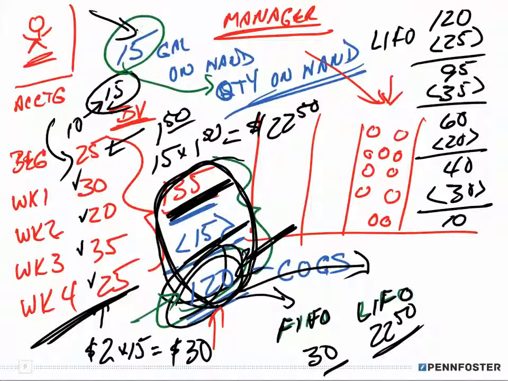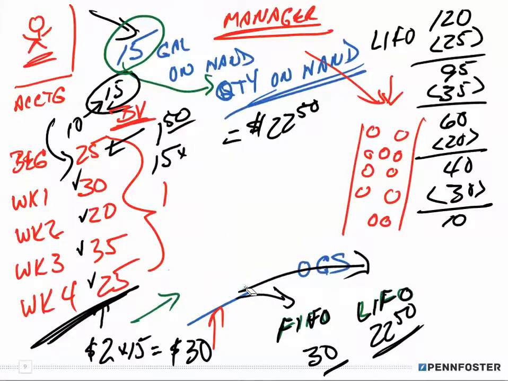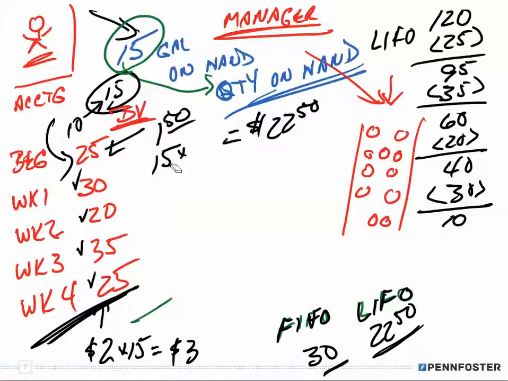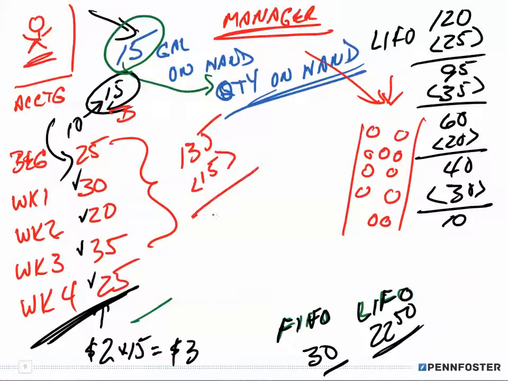They don't do this extra step of saying I have 135 available for sale, and if I have an ending inventory of 15, that means 120 of them were sold. That's my cost of goods sold.